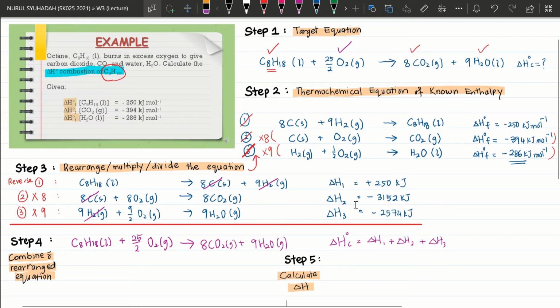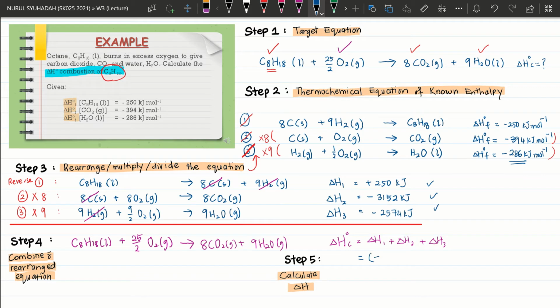The final step number 5, calculate the delta H. Like I mentioned before, to calculate delta H, write down back the delta H not C is delta H1 plus delta H2 plus delta H3. We are adding these 3 delta H. So substitute the values that we already put down here.